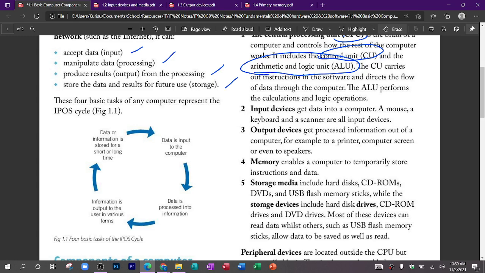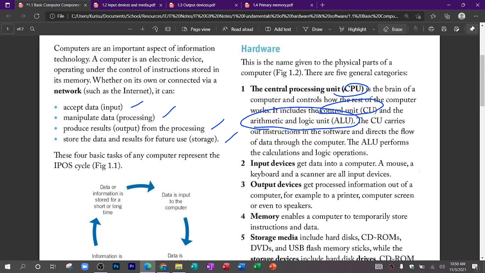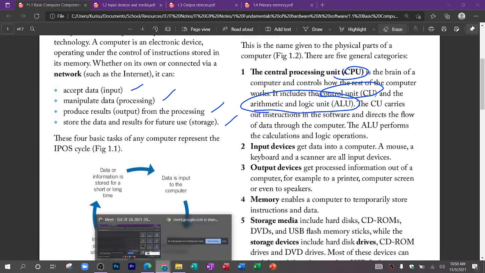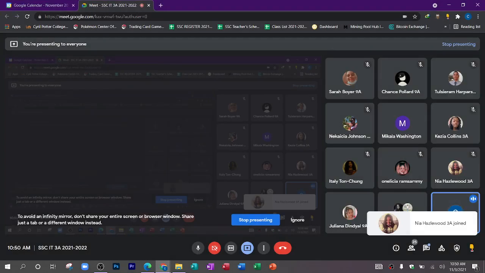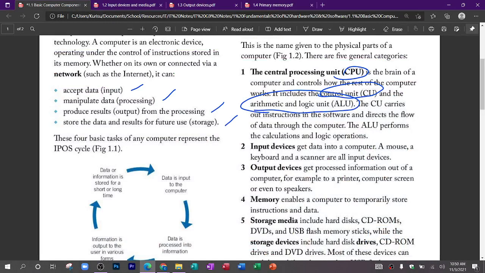But the storage devices are the devices that transfer the data to the media or to the computer, either one. They transfer it back and forth from the computer to the media. So you have 5 categories here, and it's important for you to remember what all of those categories of hardware are.